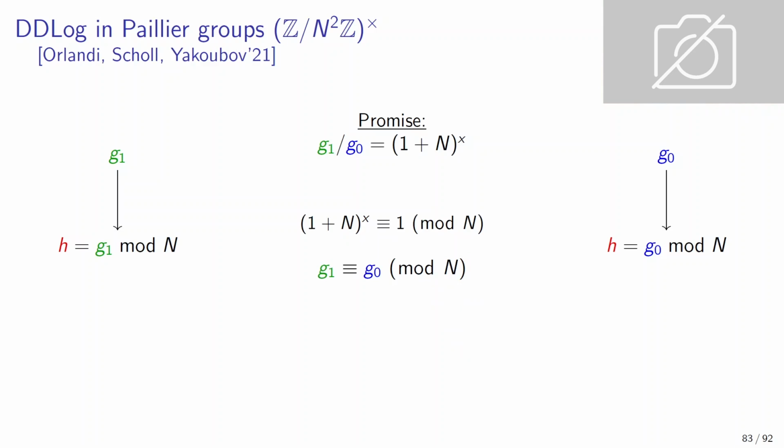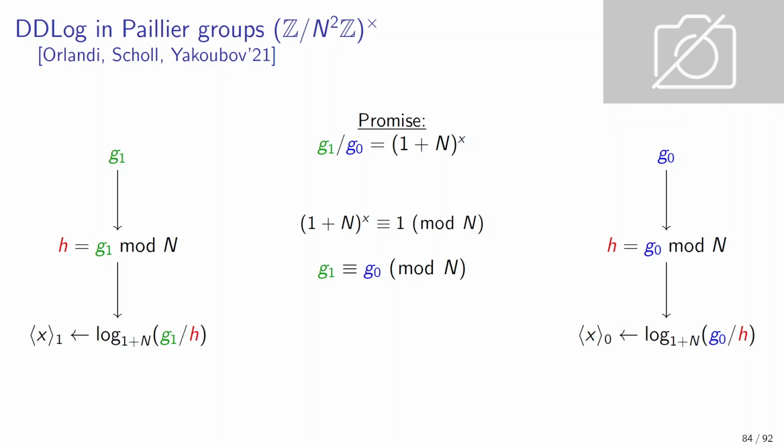The observation is simply that if you take 1 plus n to the x and you take it modulo n, all of the powers of n disappear, so you're only left with 1. And what that means, because recall that G1 divided by G0 must be equal to 1 plus n to the x, is that these two shares are congruent modulo n. So parties holding G1 and G0 apply modulo operations. Now they have the same point.